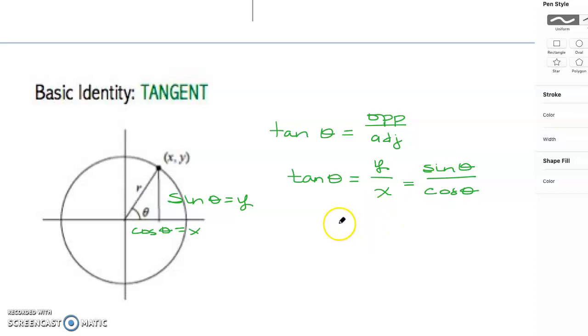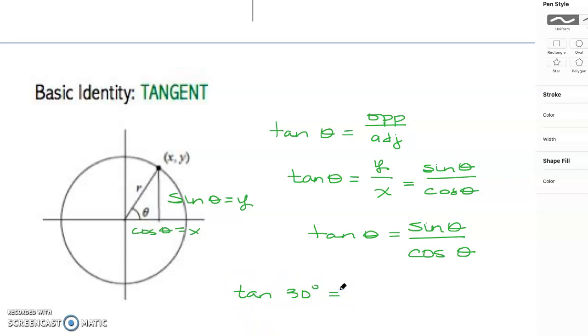So an identity just means that we know that this statement is always true. These two things are going to be equivalent, and we can substitute values. So if we were going to find the tangent of an angle, we would take the sine of that angle and divide it by the cosine. So let's say, for example, that we wanted to find the tangent of 30 degrees.